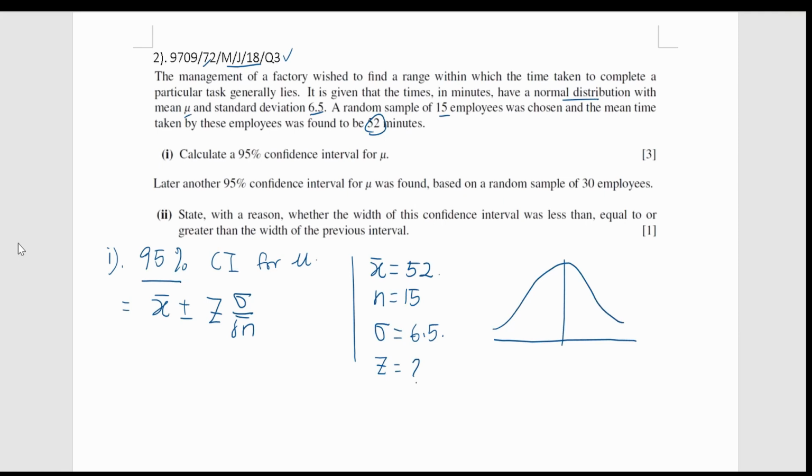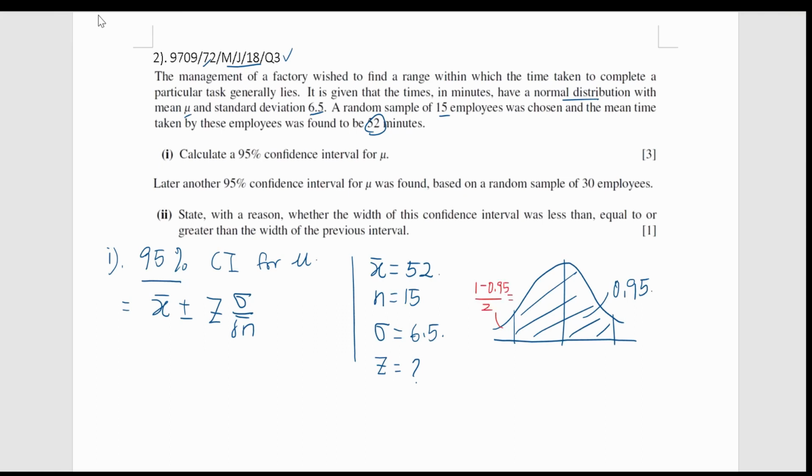95%. So in order to get ourselves 95%, that bounds symmetrically in the middle, then the probability that it does not lie within the 95% is going to be this. Right?